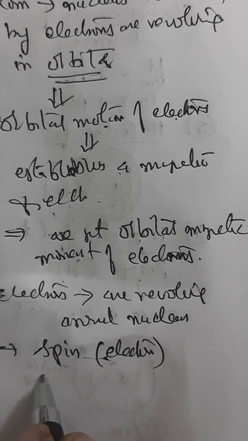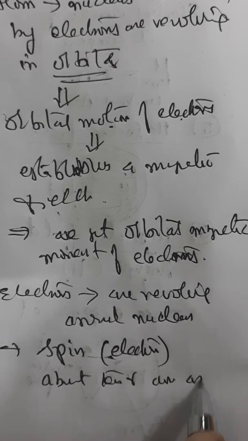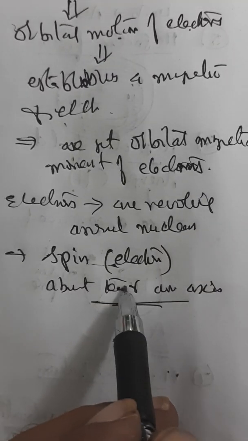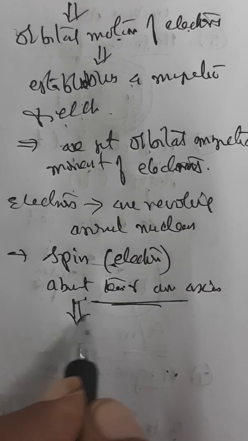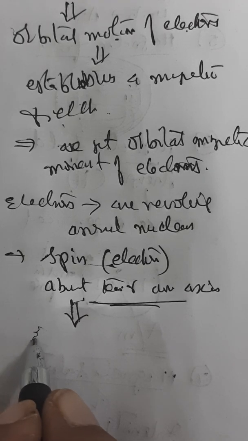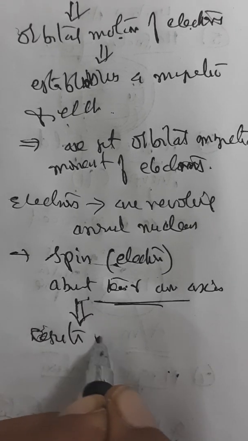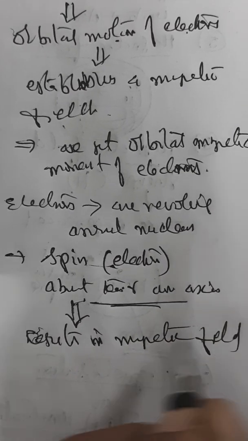Electrons spin about their own axis. Because of this, it again results in production of a magnetic field.